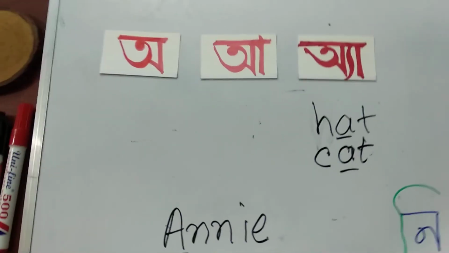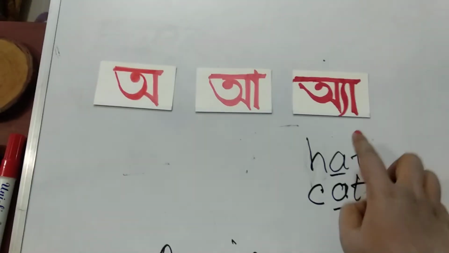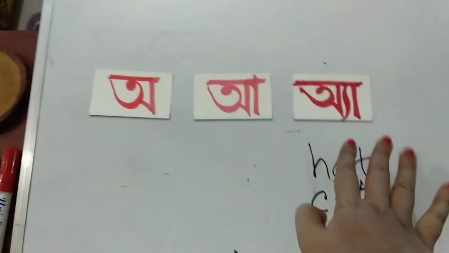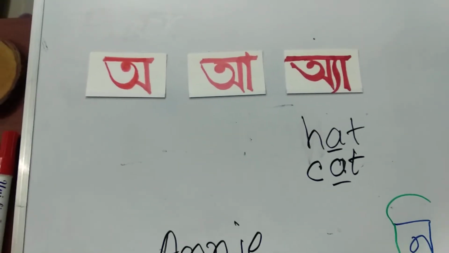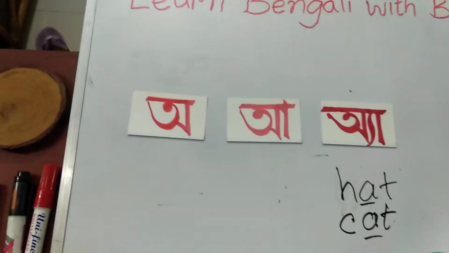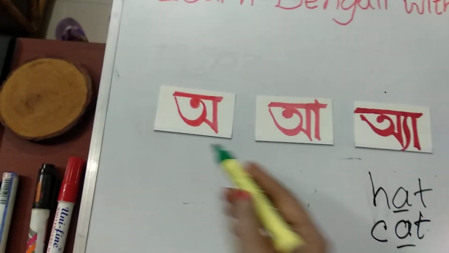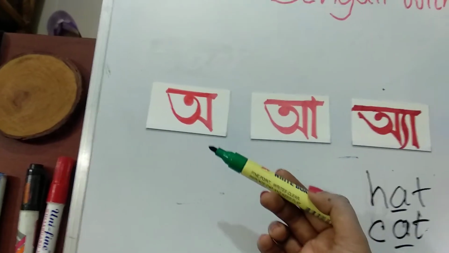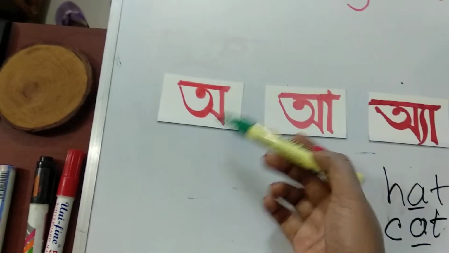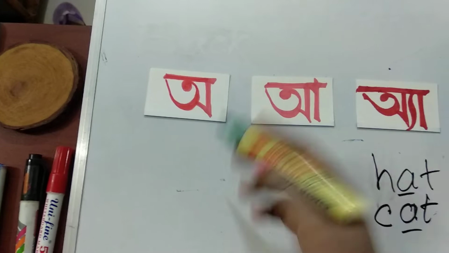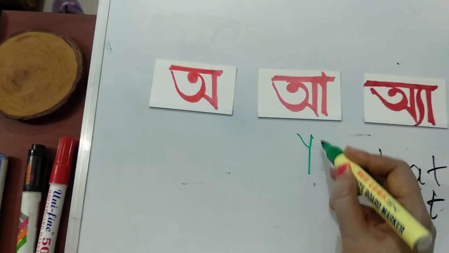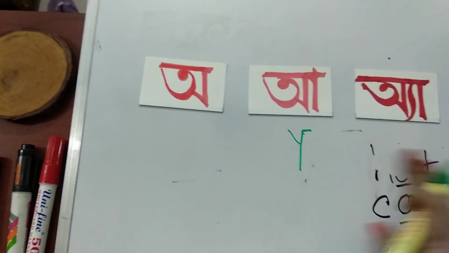Okay, done. Now we will learn the symbol of this, like the vowel signs. These are the letters, so we will learn the symbols for this. You remember what was the symbol for this? It didn't have any symbol because all Bangla letters have built-in O ending. That's why it doesn't have any vowel sign, but this one does have, right?